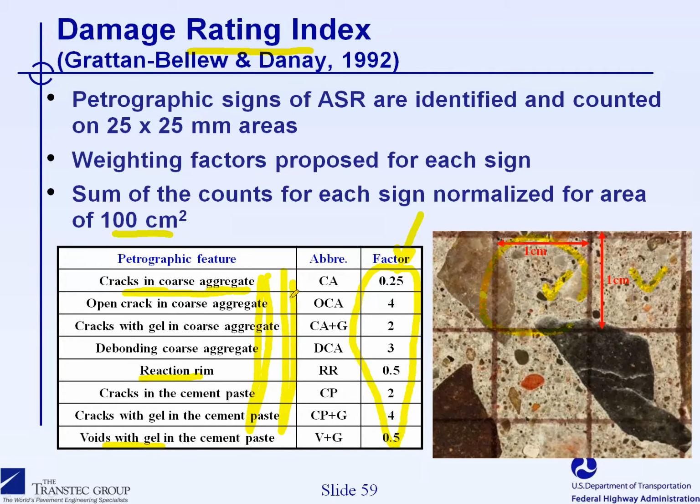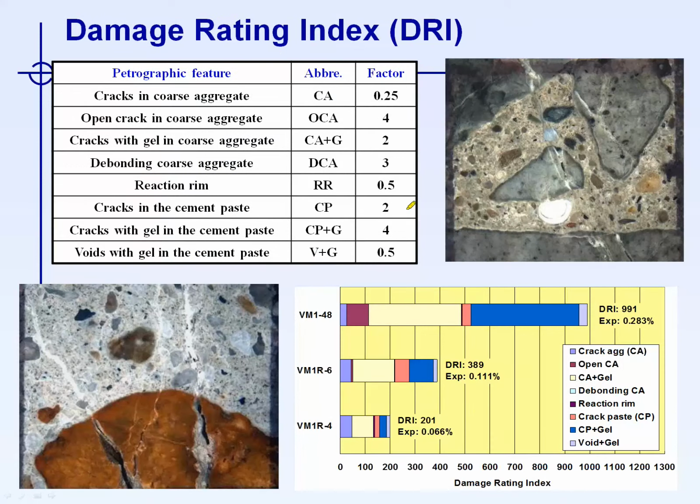For instance, closed cracks in coarse aggregate are not considered very critical features of ASR, so a multiplying factor of 0.25 is given to the counts of closed cracks. But when you have open cracks in the coarse aggregate, a multiplying factor of 4 is given, because this is much more important in terms of durability and concrete deterioration.